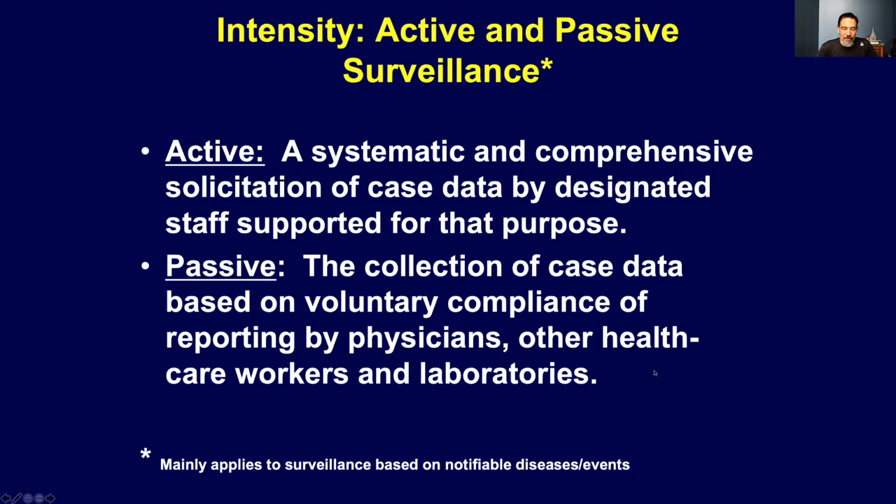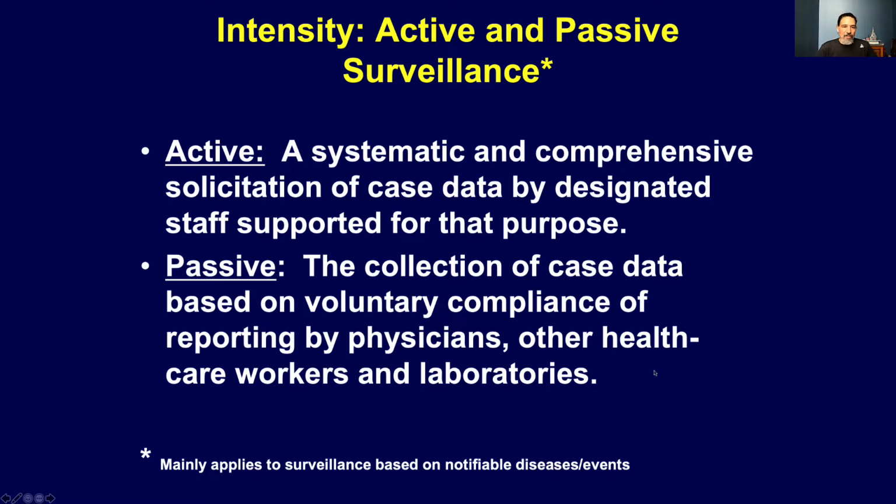Passive surveillance, on the other hand, is a less intense kind of a surveillance system, and probably the most common kind of surveillance system, where you have the collection of case data that happens because people who are required to report it sort of voluntarily comply with the reporting process.